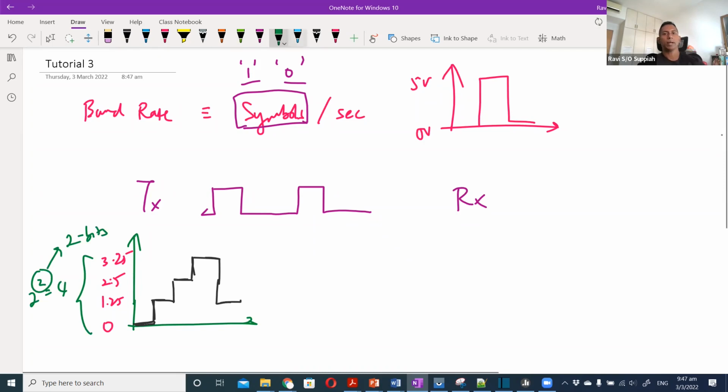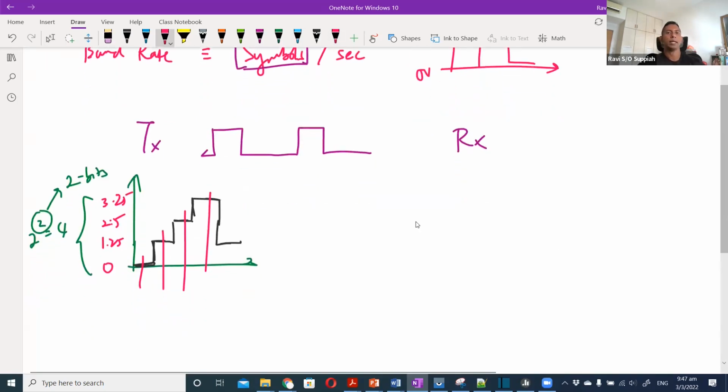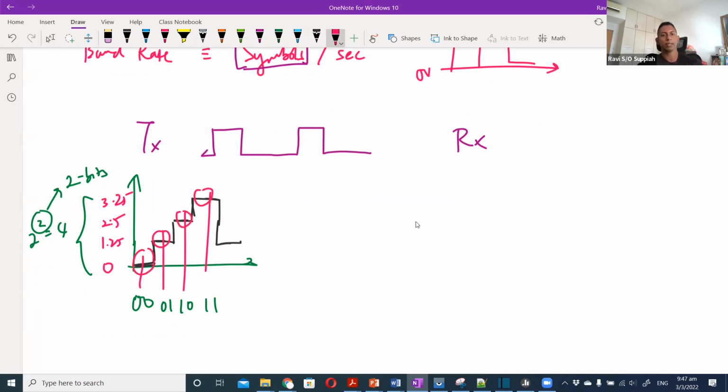When I send this kind of data over and I sample it, I'm actually decoding 2-bit information, because this could be interpreted as 0 0, this could be 0 1, 1 0, and 1 1. So I'm still transmitting a symbol each time, a distinct voltage level, but that symbol is now representing 2 bits each time.